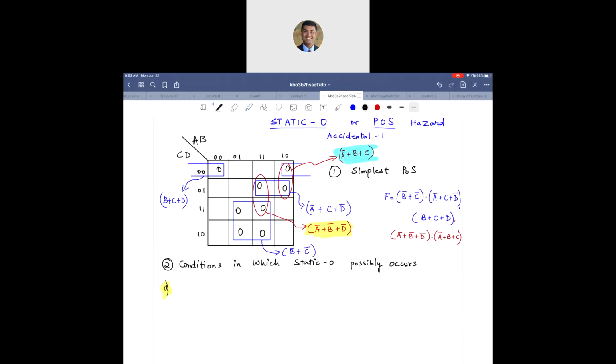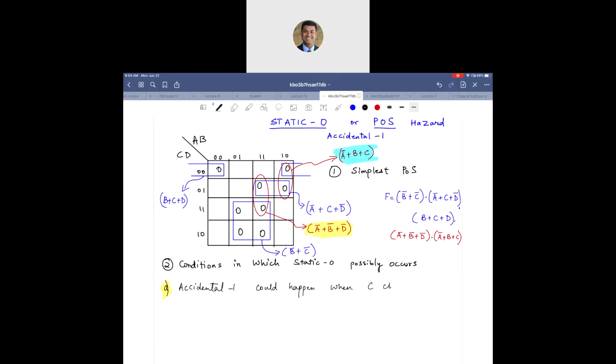All right, what is A? Accidental 1 could happen when, what is changing from 0 to 1? C is changing from 0 to 1.